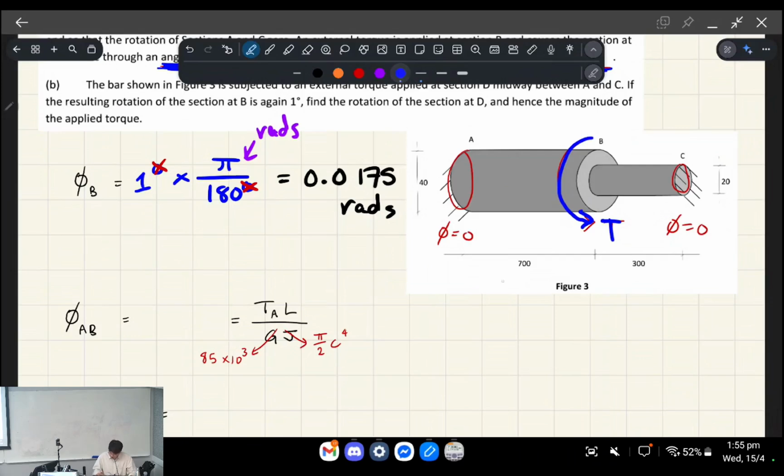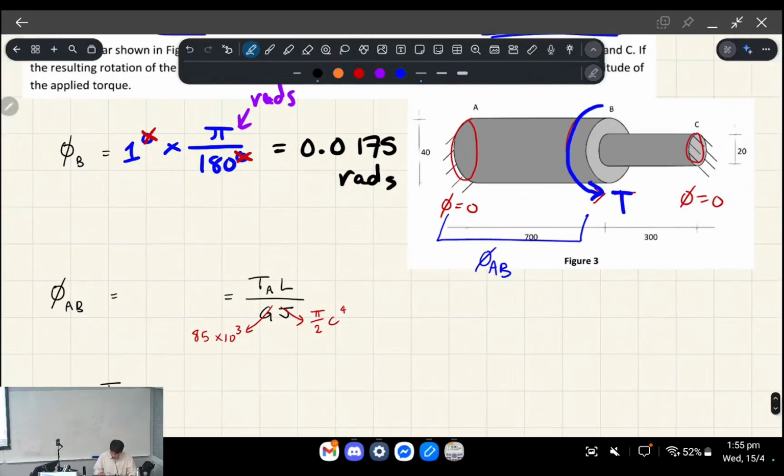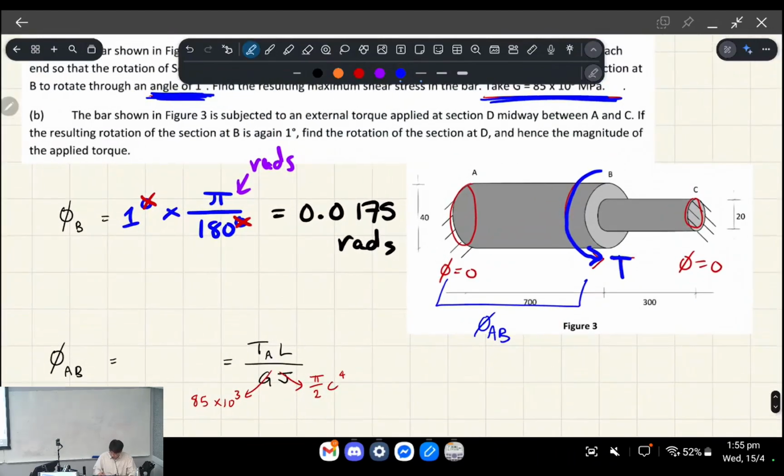Now we can derive an expression for the change in twist from A to B. We know the twist at A is 0, and the twist at C is 0, and therefore the twist at B, which we just calculated as 0.0175 and is told to us in the question.